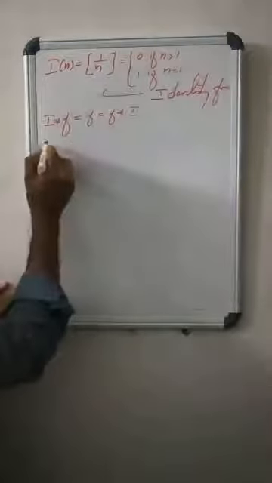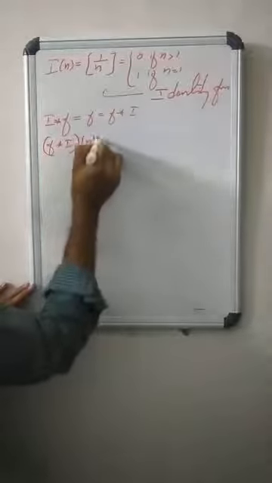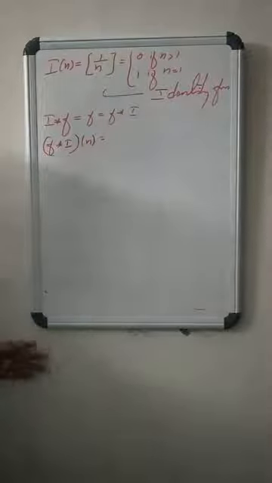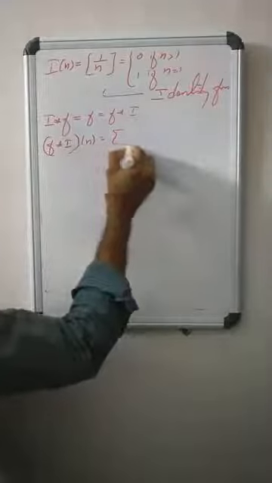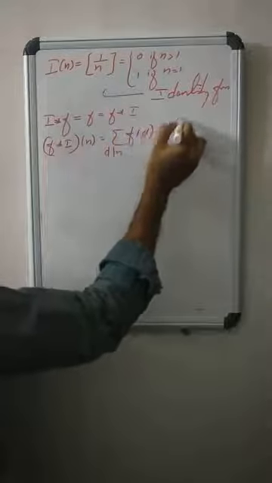Let us see f star I of n. By the definition of Dirichlet product, it is sigma d divides n, f of d into I of n by d.